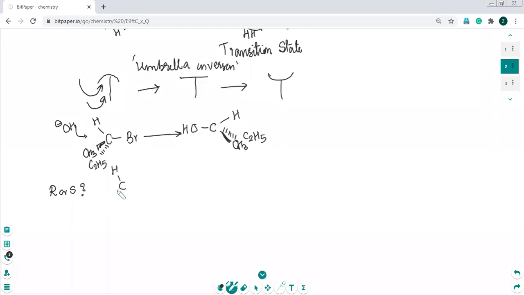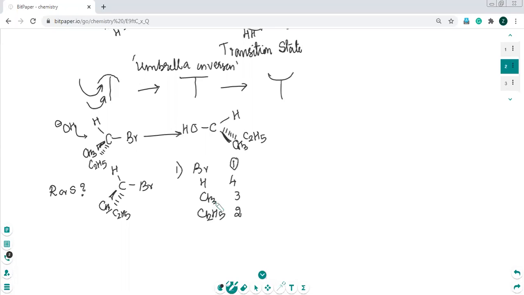Let me write the same molecule first: C2H5, Br. First step, identify the chiral carbon. Identify the 4 different atoms and groups: I got Br, H, CH3, C2H5. What's the next step? Assign the priorities, 1, 2, 3 and 4.